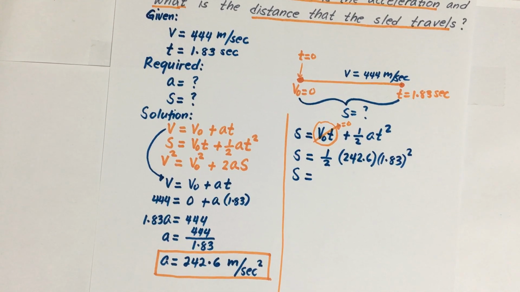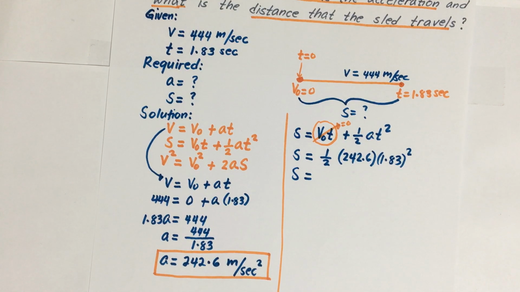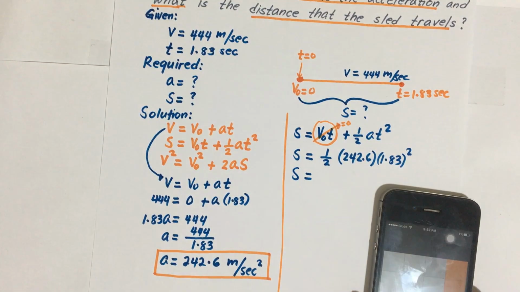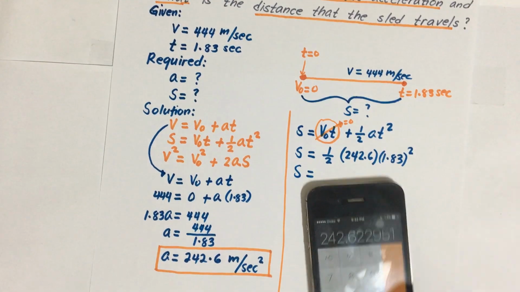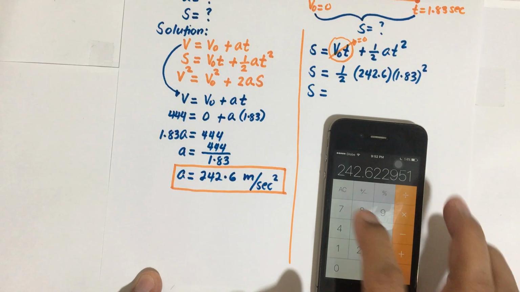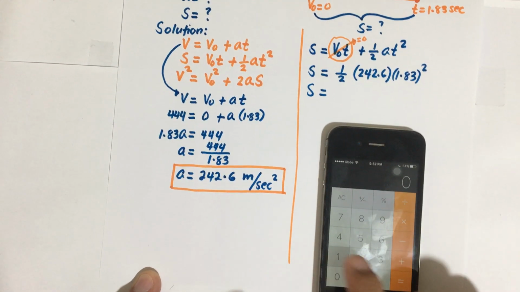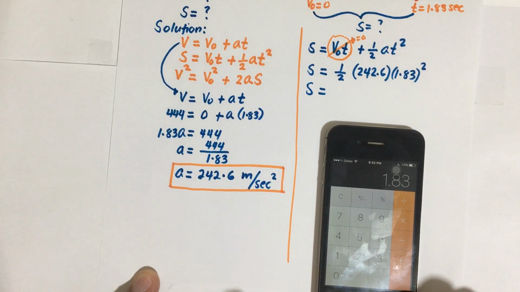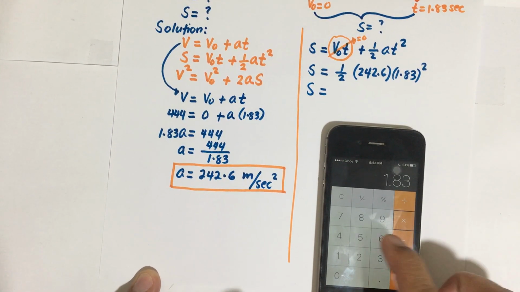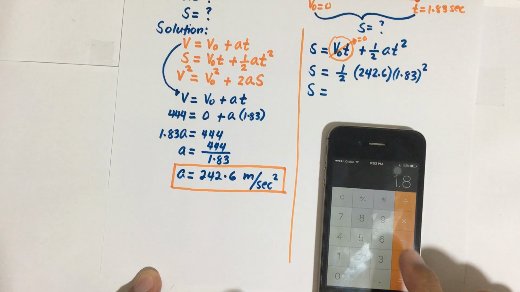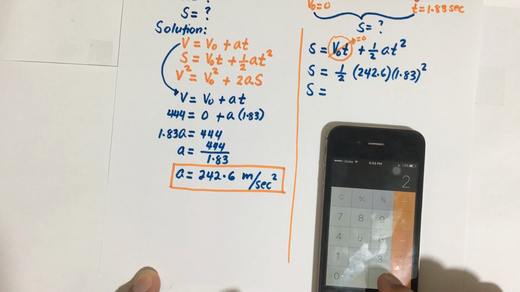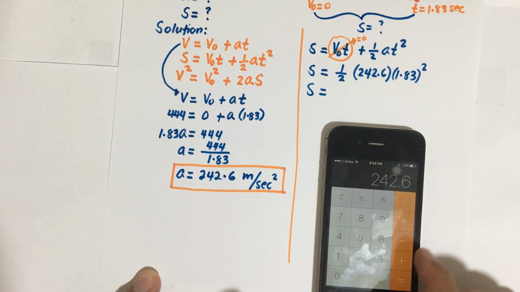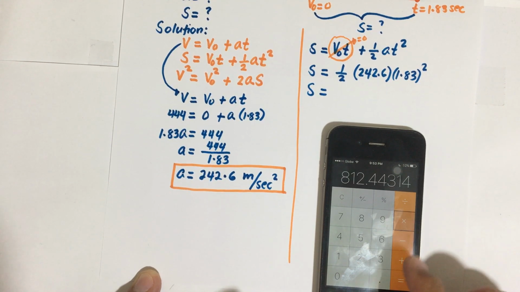So what is our S equal to? 1.83 squared, squared means you just multiply it by 1.83 also. Then times 242.6 times 1/2 or 0.5.